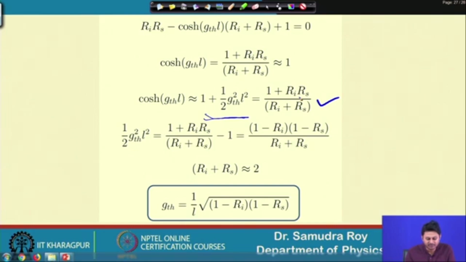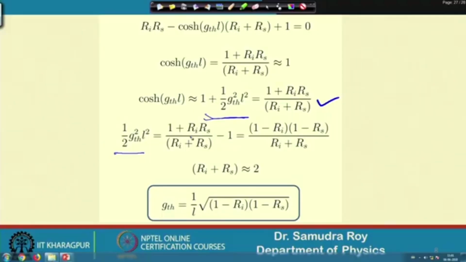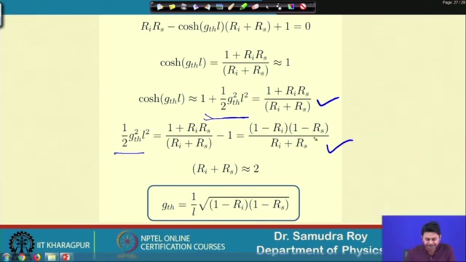After making the expansion, we have half g threshold L square is equal to (1 plus RI RS) divided by (RI plus RS) minus 1. That quantity gives rise to one simple expression: (1 minus RI) multiplied by (1 minus RS) divided by (RI plus RS). If you do the simple algebra and take common terms, you will get this result readily.